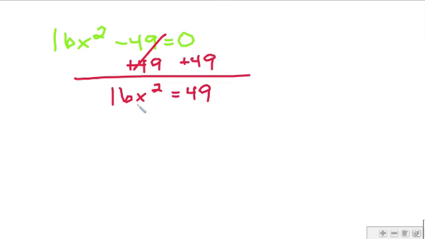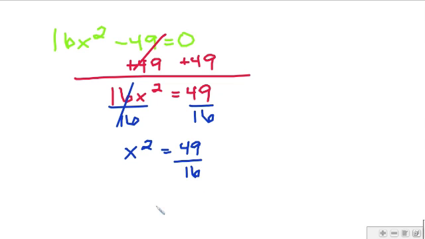All right, now my x squared is still attached to this 16, which I need to get rid of. To get rid of it, I'm going to divide by 16. And what you do to one side, you do to the other. These cancel, and now I have x squared equals 49 over 16.